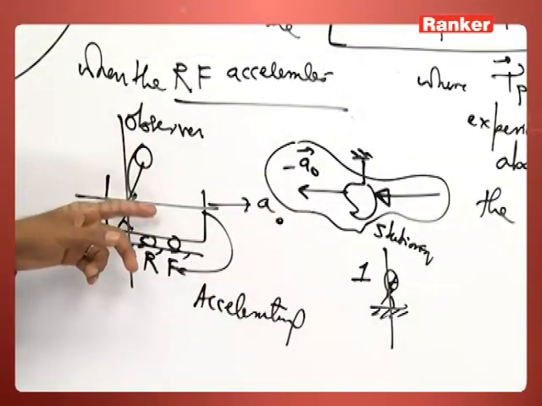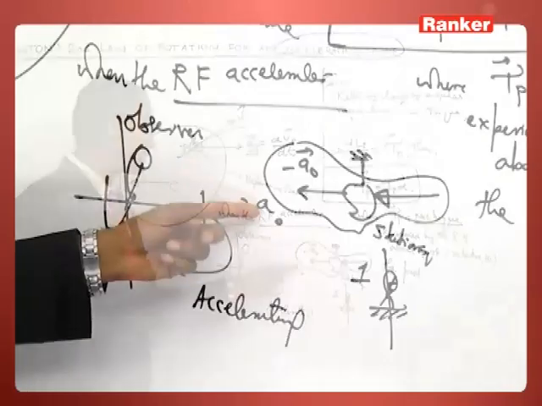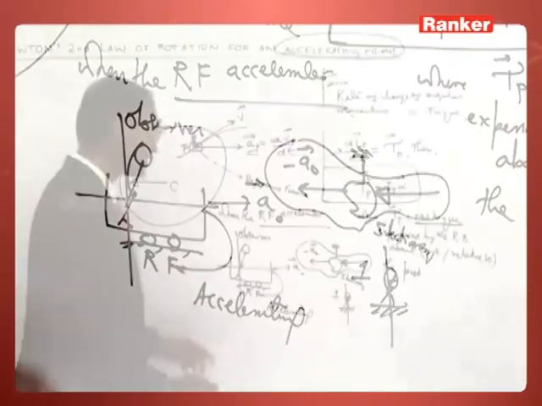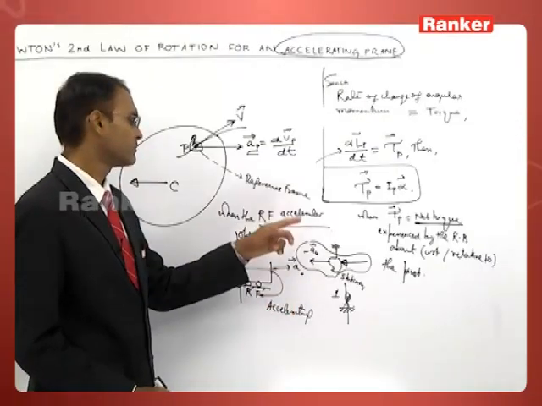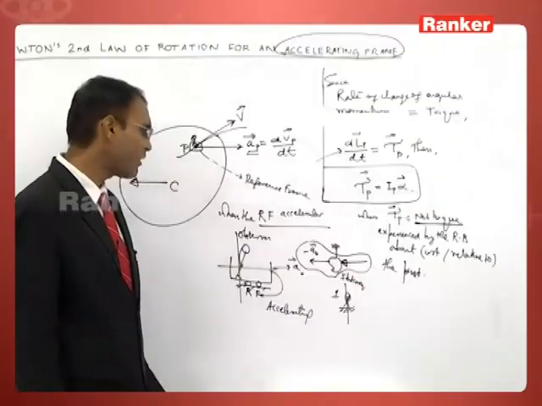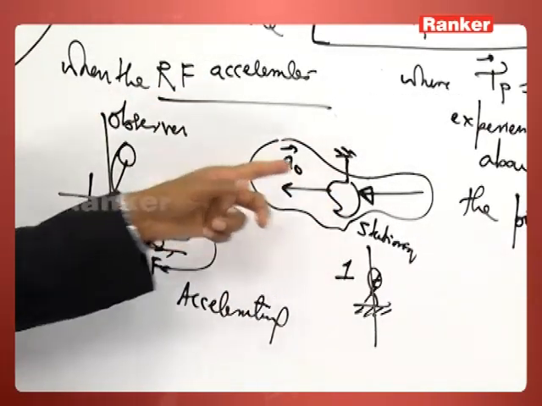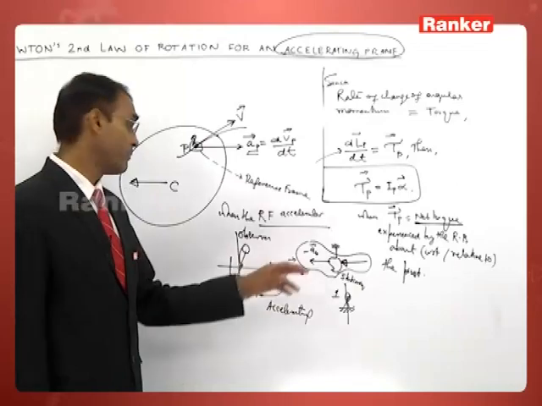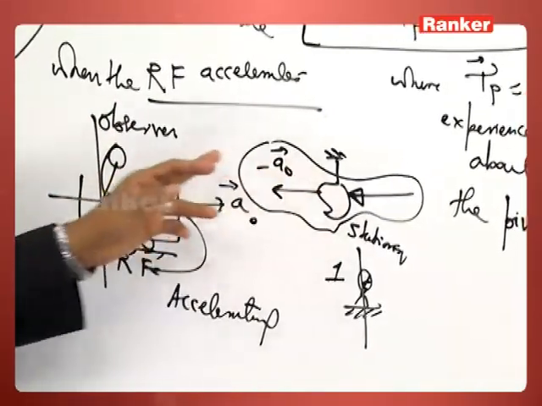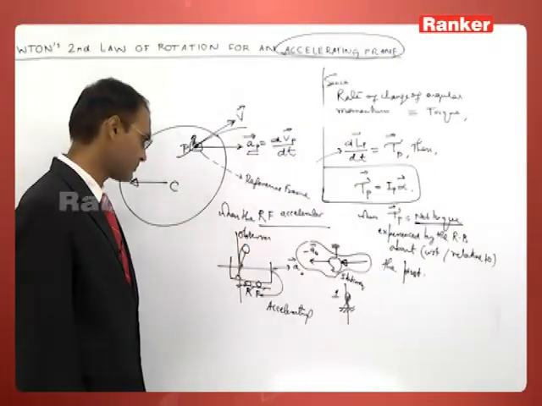Therefore, with respect to you, the mango is accelerating towards you with an acceleration of the same magnitude. When your acceleration or reference frame acceleration is a0 vector, with respect to you, the mango's acceleration will be equal to minus a0 vector. That is the acceleration of the mango with respect to you, relative acceleration.